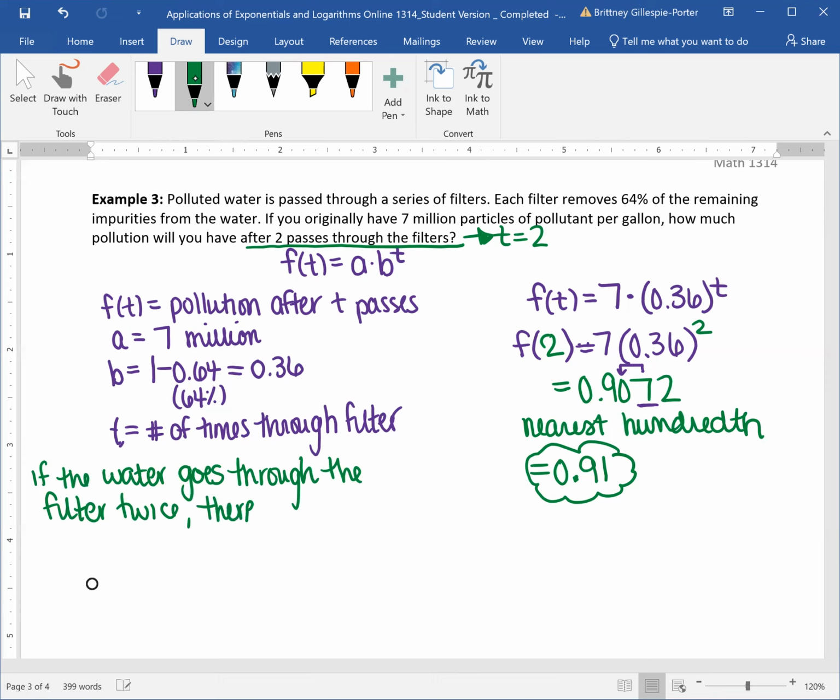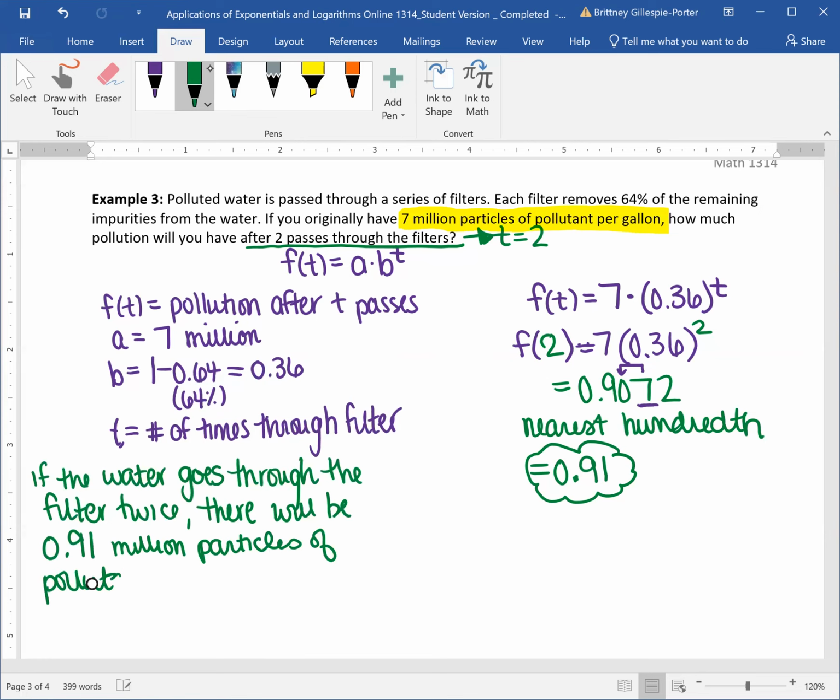So there will be 0.91. And for our units, we have to go back to how they explained the original, the A, the 7 million particles of pollutant per gallon. So back here, we're going to have 0.91 million particles of pollutant per gallon.